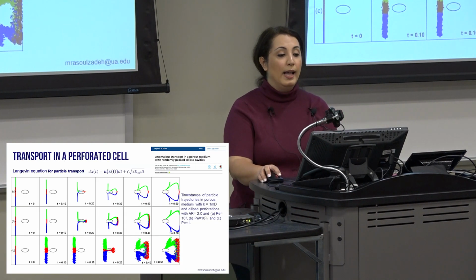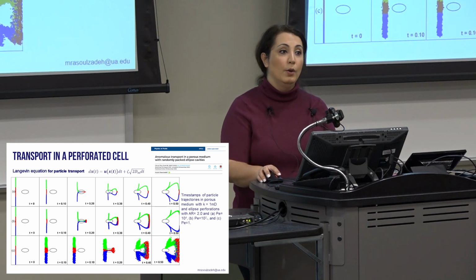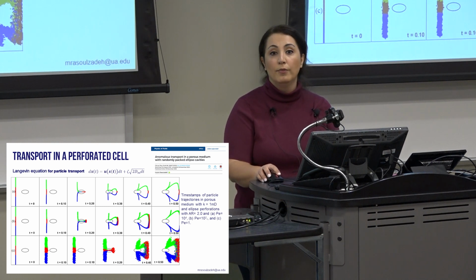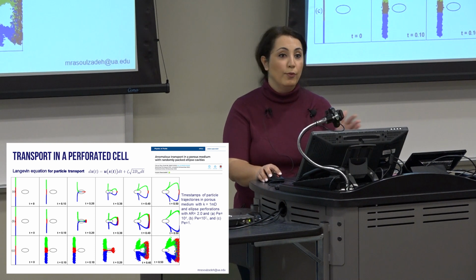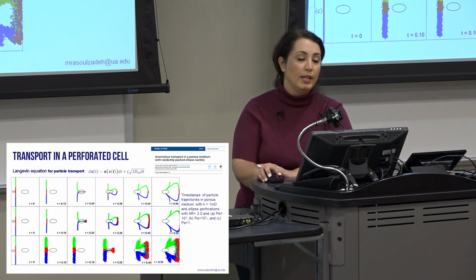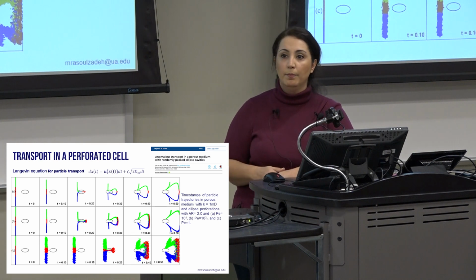So now that I have the particle transport model in place, I start constructing my continuous time random walk framework. These are just some snapshots of how particles will flow through one cell with one perforation at the center. I mark them in green, red, and blue to show those on the top, in the middle, and below.